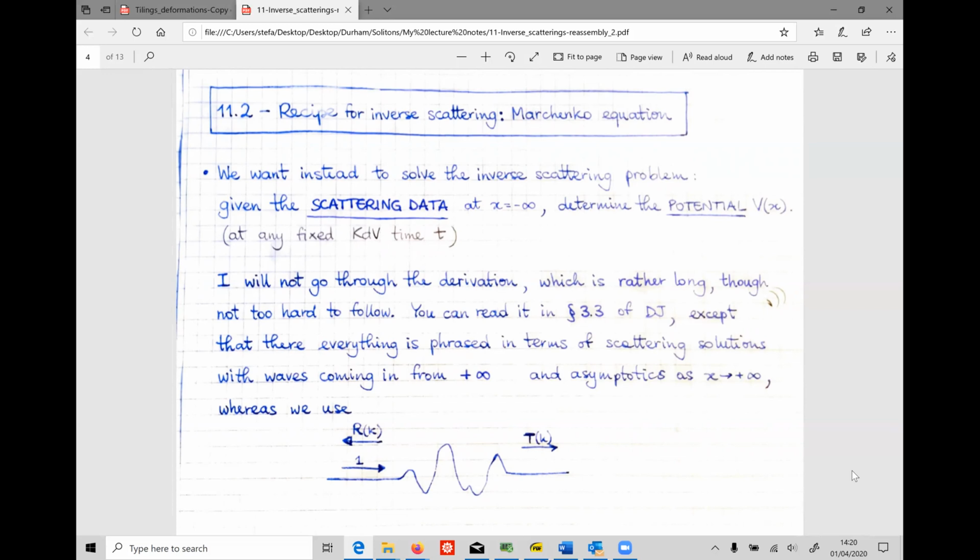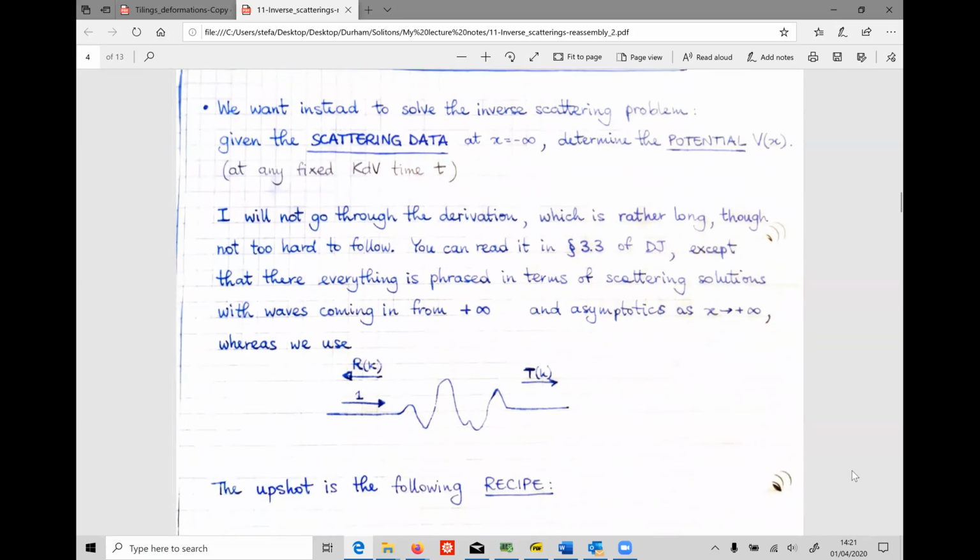And if we had time, then I would have gone through a number of examples to see how this recipe can be used to do inverse scattering explicitly, but we won't have time for that. So if you are interested in the derivation of the recipe that I'm gonna introduce in a minute, you can read it in section 3.3 of the book by Drazin and Johnson.